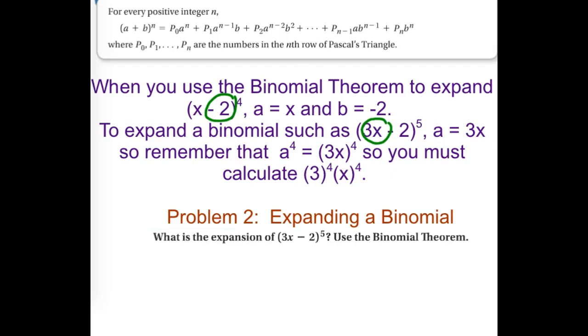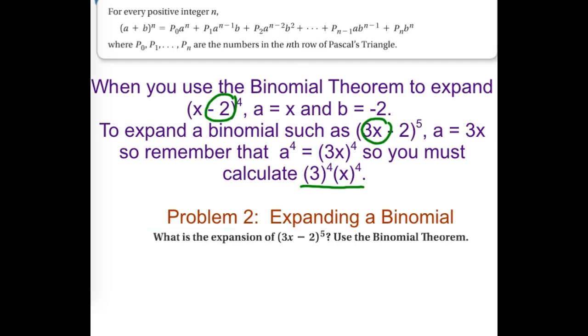You have to keep in mind that that is your a, so when you raise it to powers, you have to raise the 3 and the x to that power. Okay? That's why it's going to start taking up full rows. That's why we write it out as each term being a separate row instead of trying to throw all of it in as one.